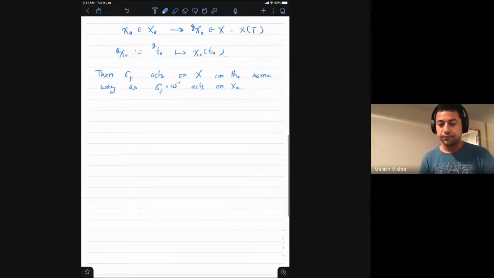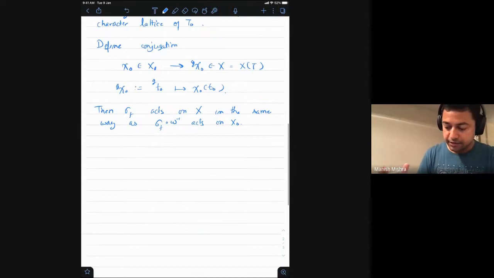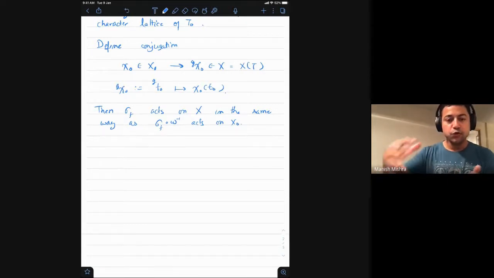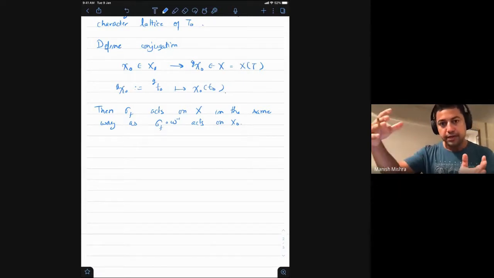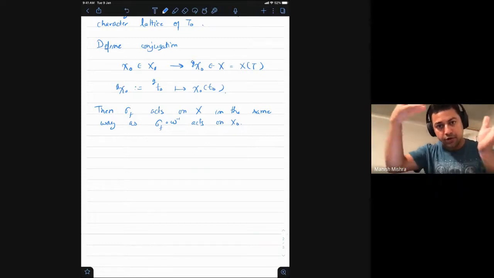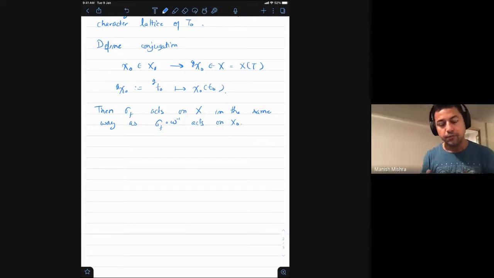Okay, so from a given lattice, by twisting this Frobenius, you obtain a different Frobenius action on the lattice, and therefore the F structure on your different tori, and this exhausts all the tori.